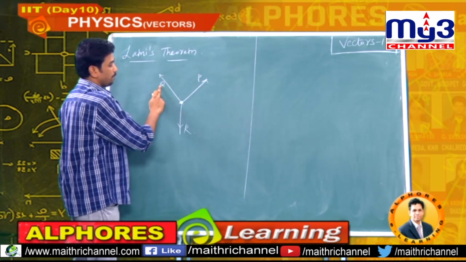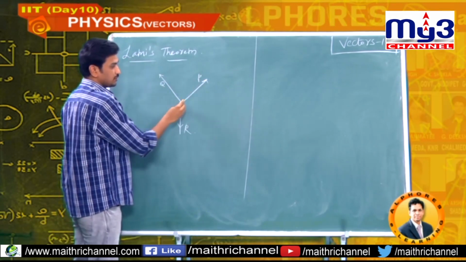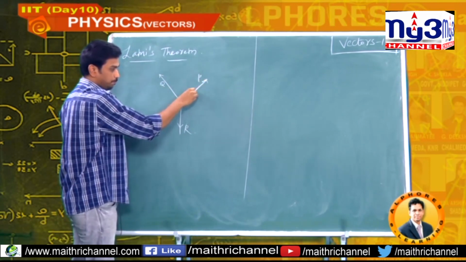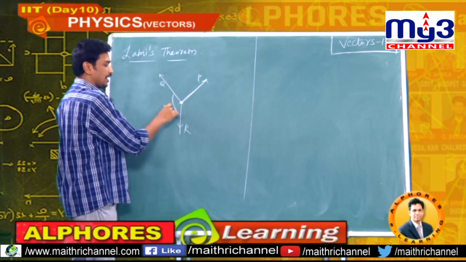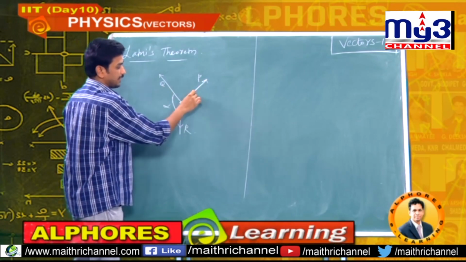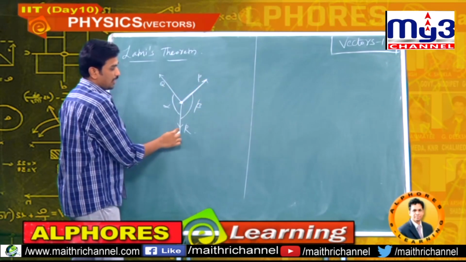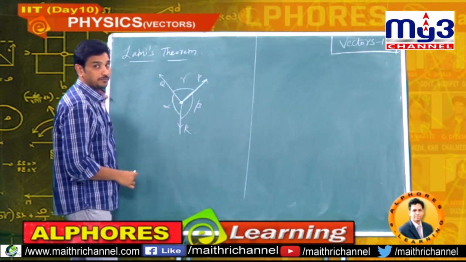Now the three forces R, P, Q. P's opposite angle is alpha, Q's opposite angle is beta, R's opposite angle is gamma.